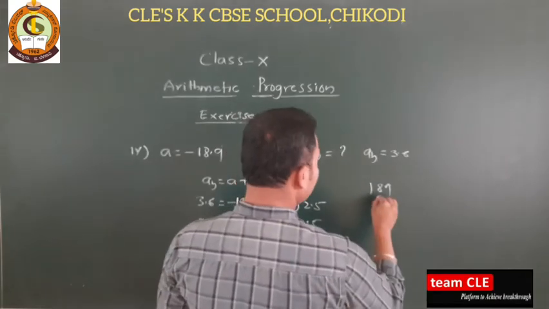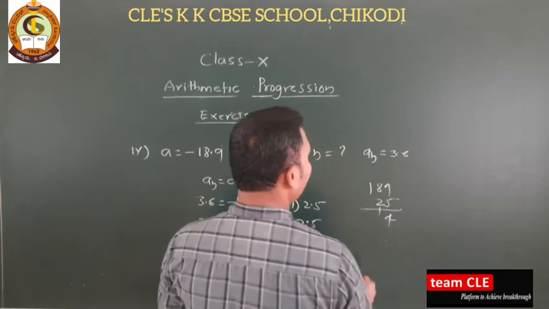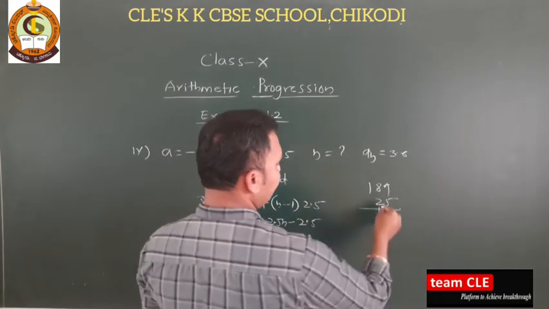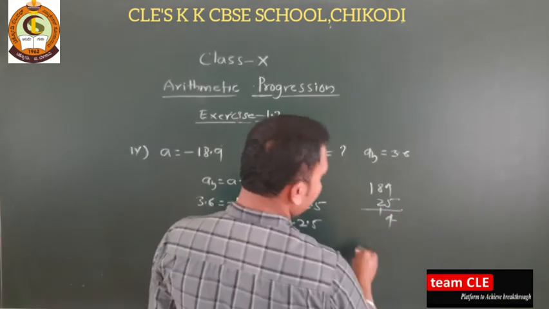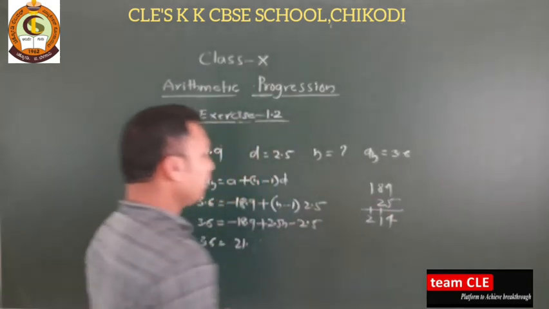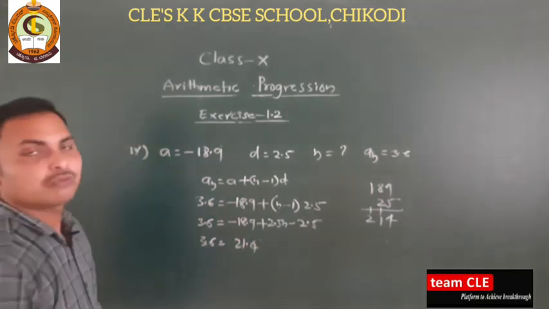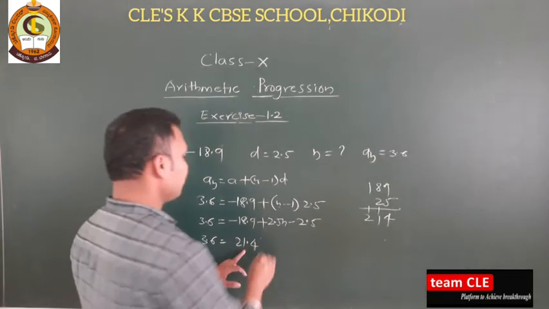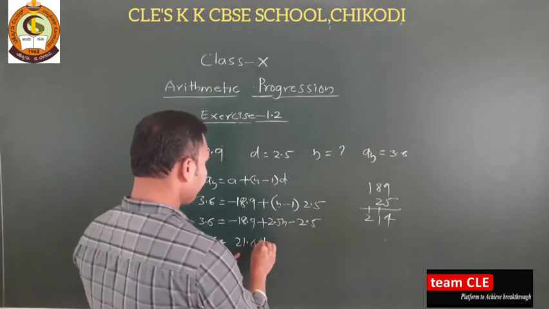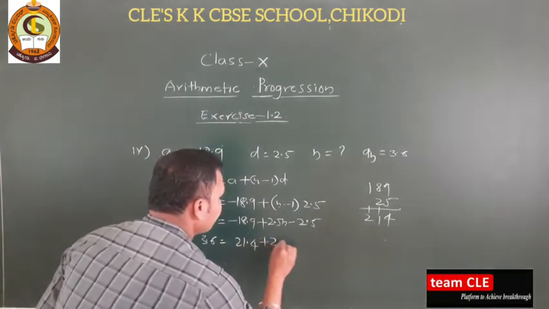Let us do this one correctly, 189 and this is 25. 5 9s will get 14, 1 here. So next, 8 and 3, 8 and 3 will get 11. So we will get 21.4. Next plus. Next you can see this remaining, so this is minus.